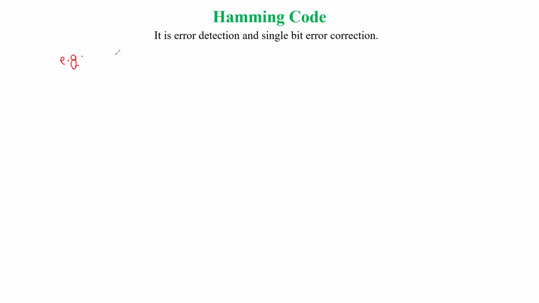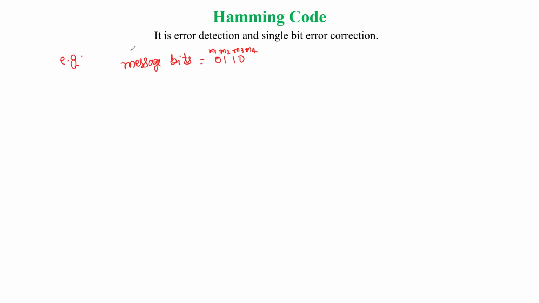Suppose we take 4 message bits, M is the message. Suppose we take 0, 1, 1, 0. For these message bits, the first one is M1, this is M2, M3, and the last one is M4.